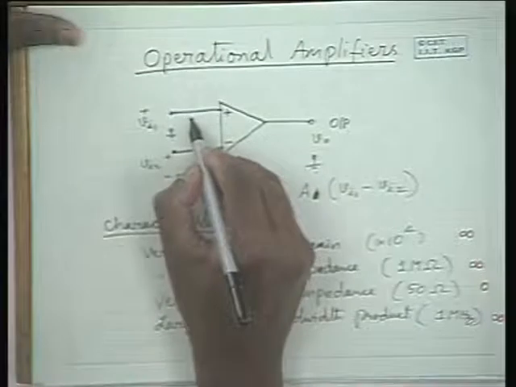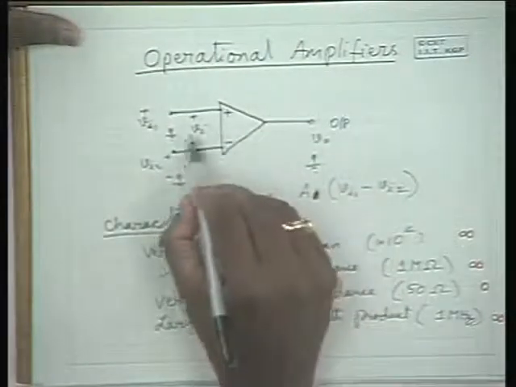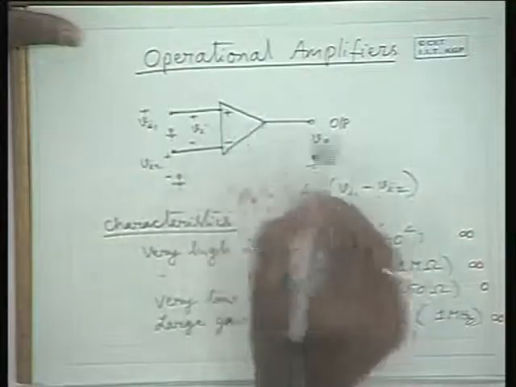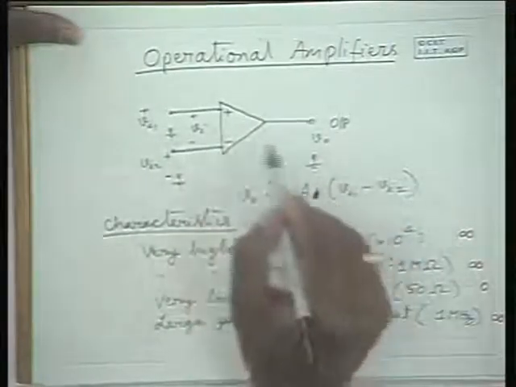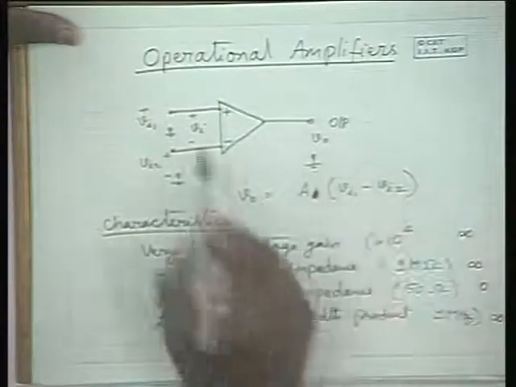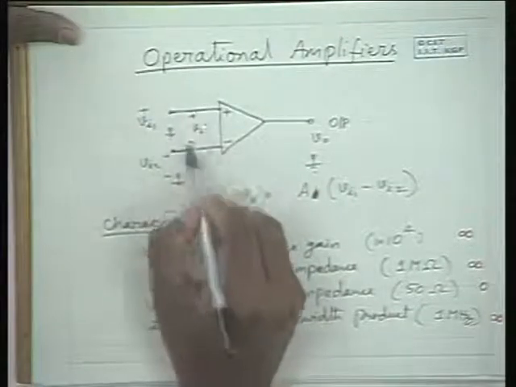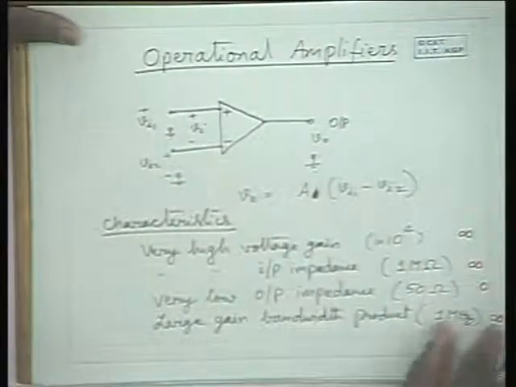And with this circuit itself, by applying an input between these two terminals and taking the output here, you can make use of it like a double ended amplifier. By connecting a difference signal across these two terminals, it can be used as a double ended amplifier.